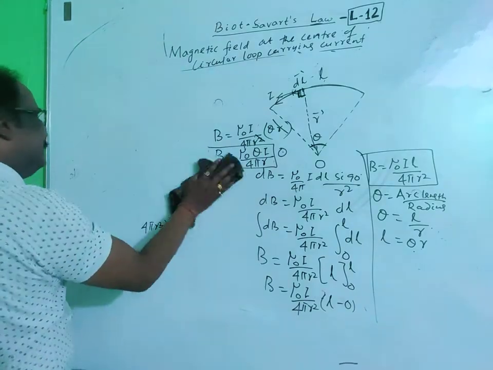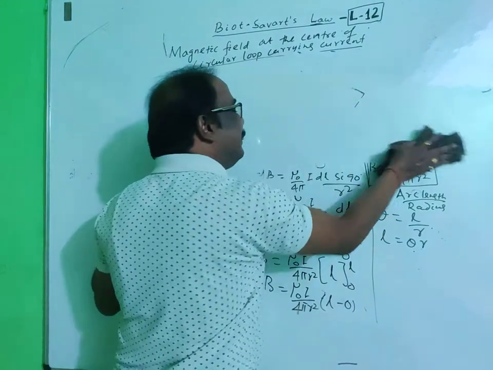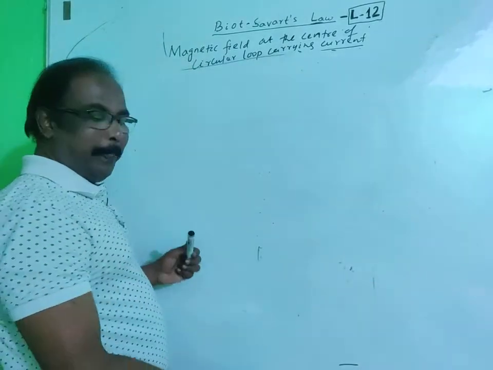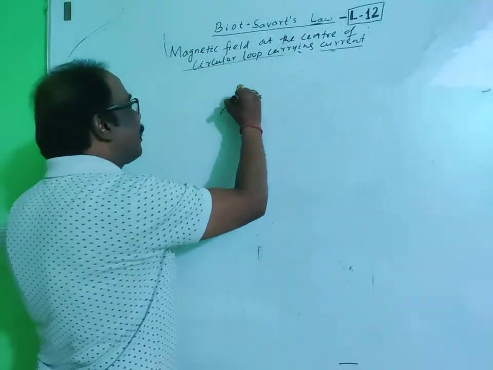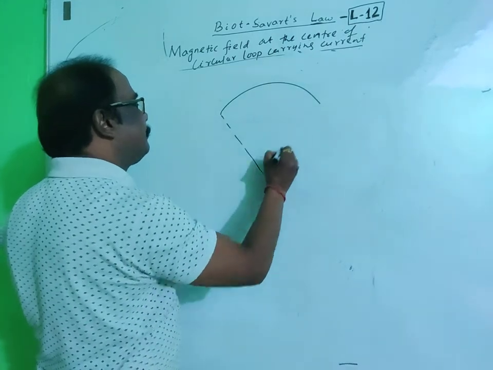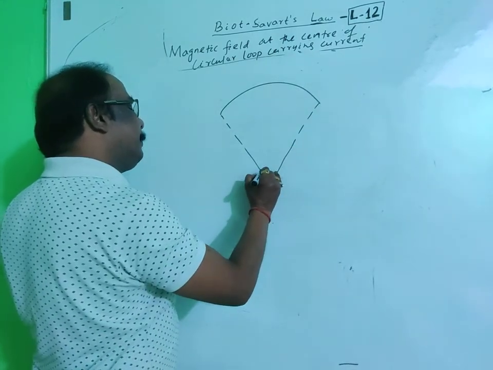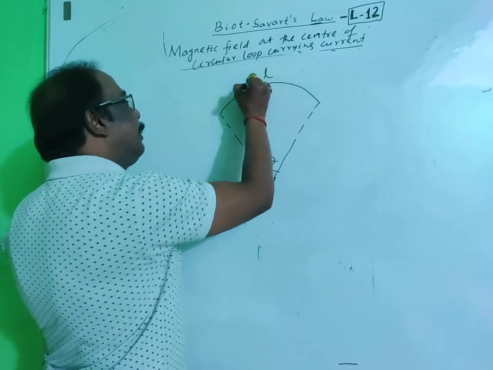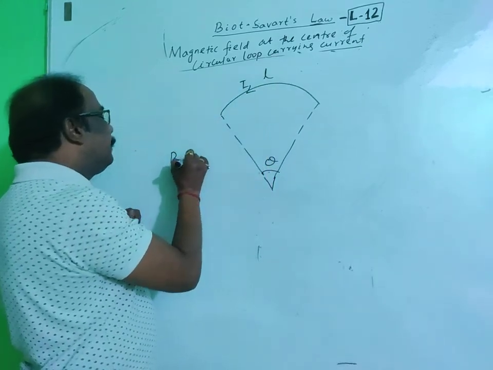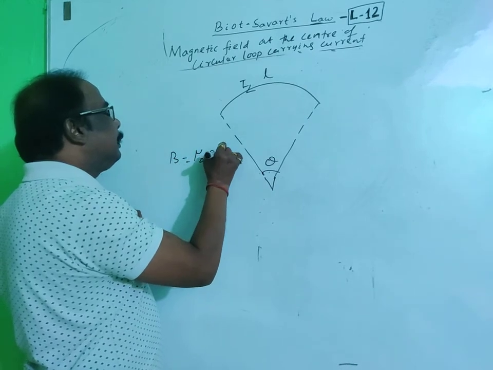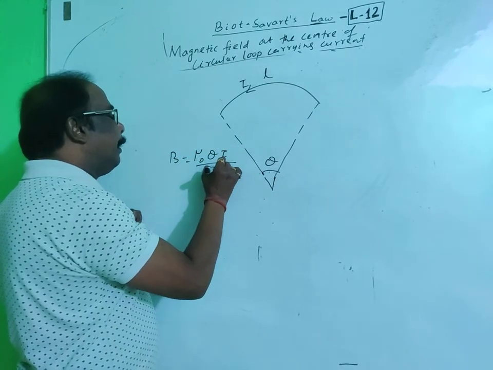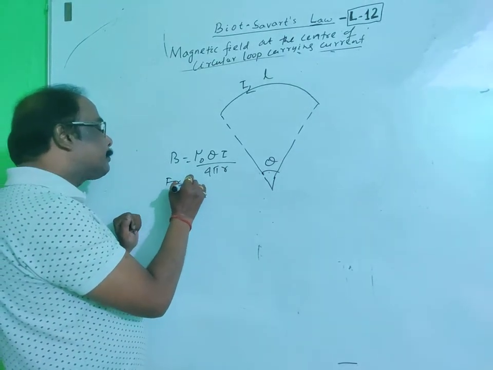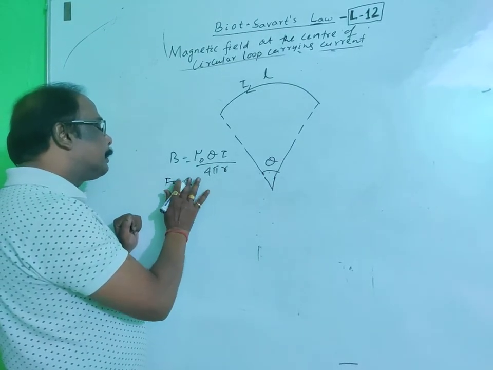I think you have understood all the points. In general, for an arc which subtends an angle theta about the center, carrying current I, then magnetic field is mu naught theta I by 4 pi R. See, for a circle, you can match the answer.